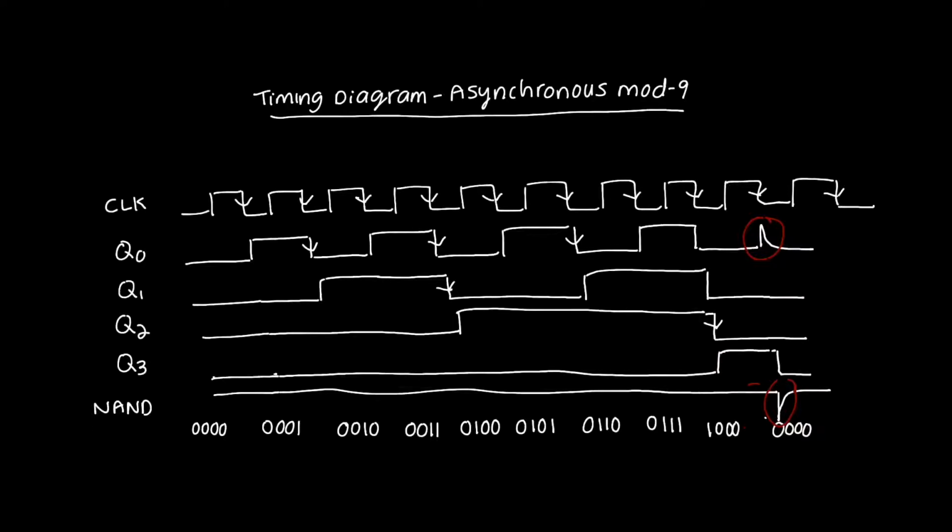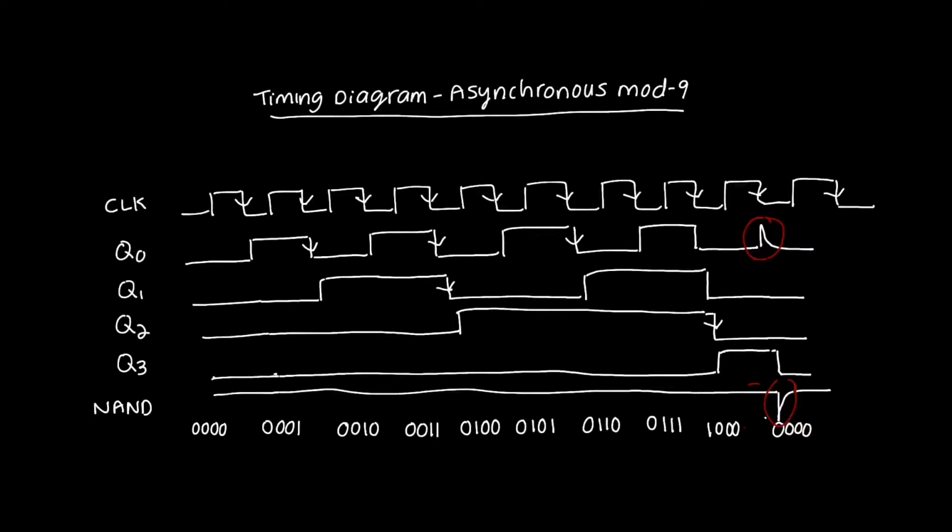So this cascading propagation delay leads to a cumulative propagation delay between Q3 and the falling edge of the clock, given by the number of flip-flops times the propagation delay of each flip-flop. This is a characteristic of all asynchronous counters, or ripple counters as we call them.